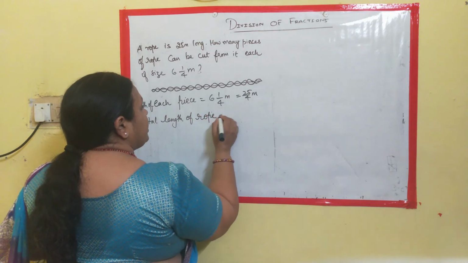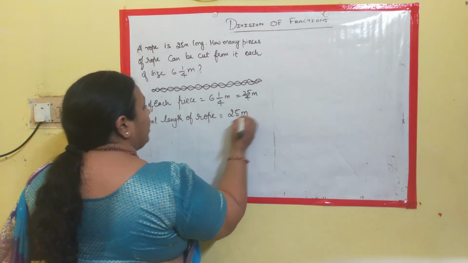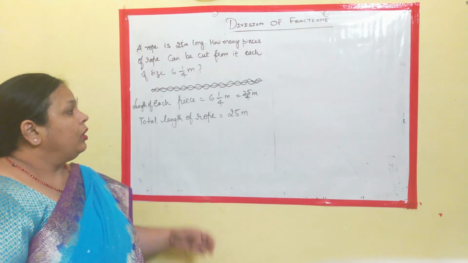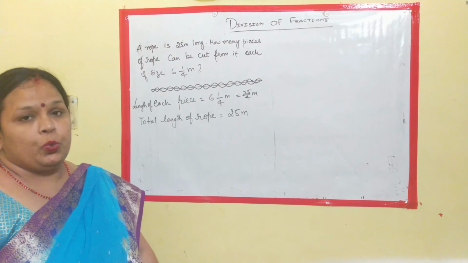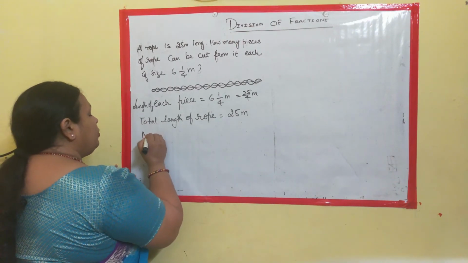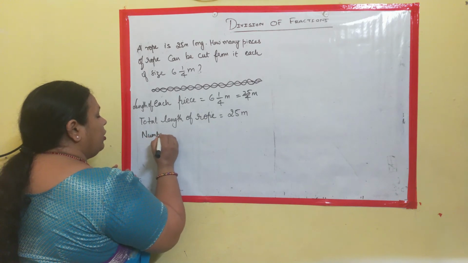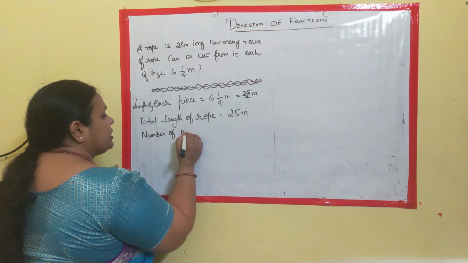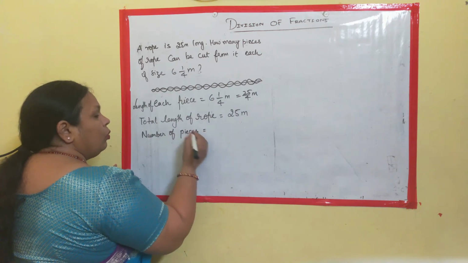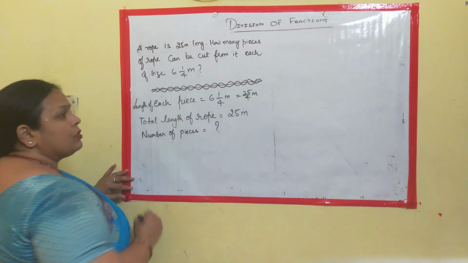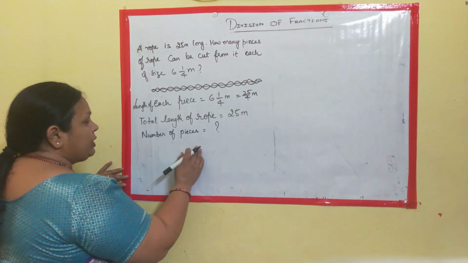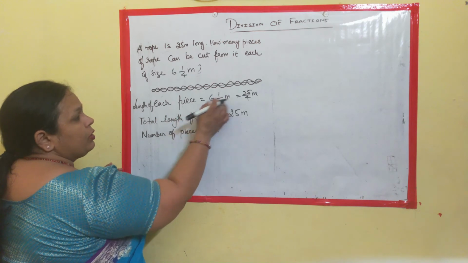Now, we have total length of rope, which is nothing but 25 meters. Total length of the rope is 25 meter. Now, if you try to understand, we need to find the number of pieces. What will be the number of pieces? This is what we need to find. Now, number of pieces into length of each piece is equal to the total length.